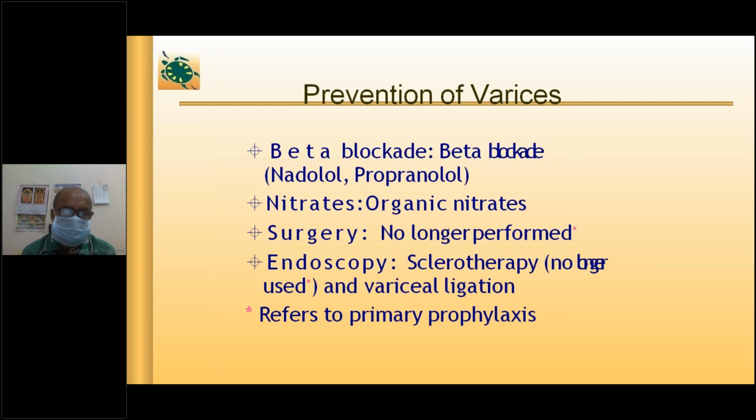But nowadays, we are not doing surgery. Previously, they used to go for removal of the lower end of the esophagus with the upper fundal region and end-to-end anastomosis. But that type of surgery we are not doing now. So beta blockers, then octreotide, somatostatin are sufficient medical management. For some procedures, you have to go for sclerotherapy or banding of the varices.